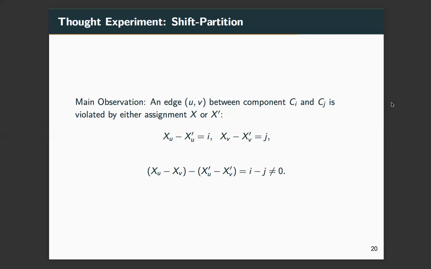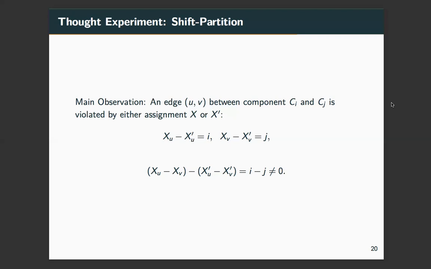Now suppose that this edge was satisfied by both the assignments. This edge would be assigned the label prescribed by the instance, and it would be the same for both the assignments, and hence the subtraction of these quantities would give 0.